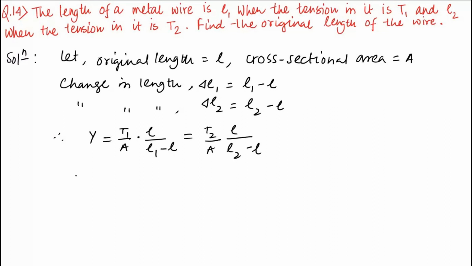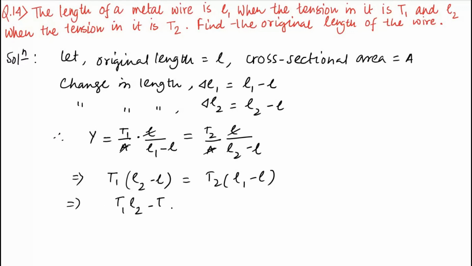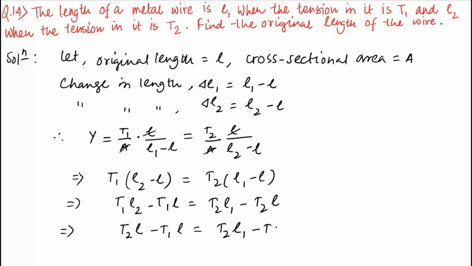So we have to solve this equation. A will cancel out, L will cancel out, and we'll have T1 into (L2 minus L) equal to T2 into (L1 minus L). Then T1 L2 minus T1 L is equal to T2 L1 minus T2 L. Then T2 L minus T1 L is equal to T2 L1 minus T1 L2.